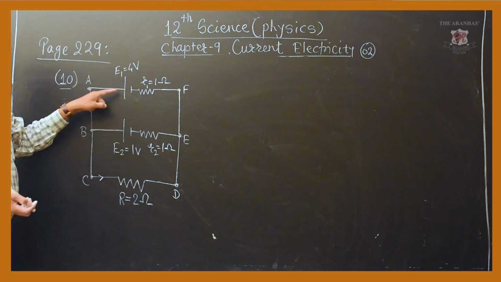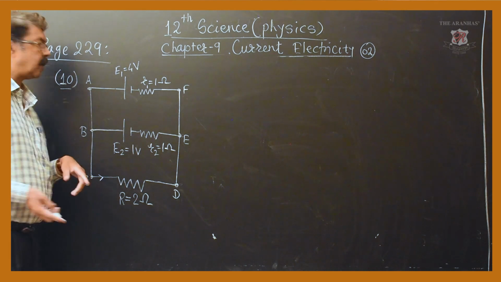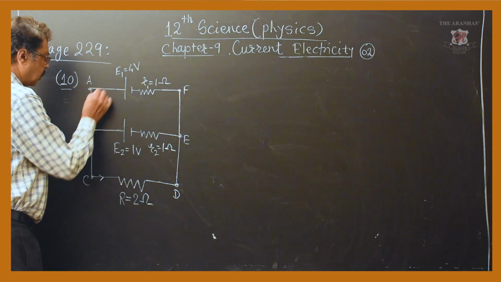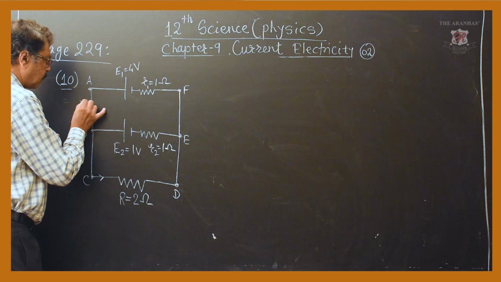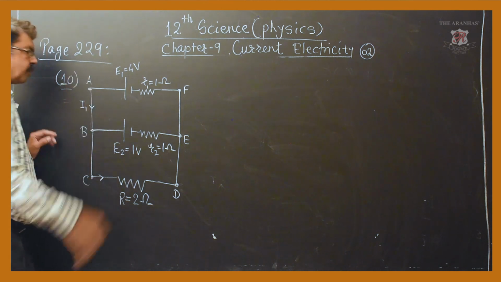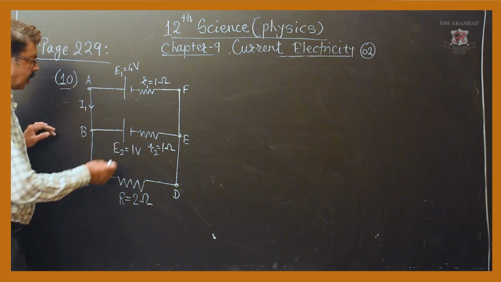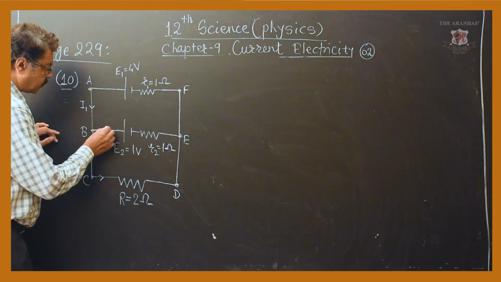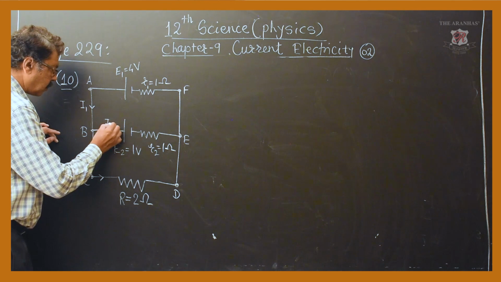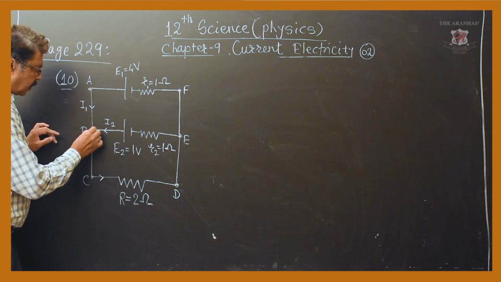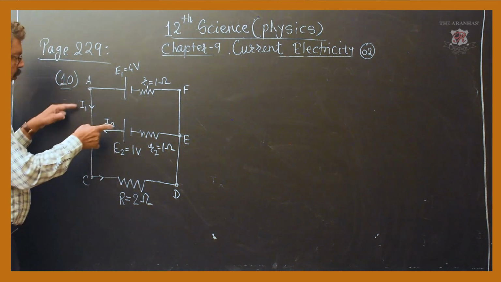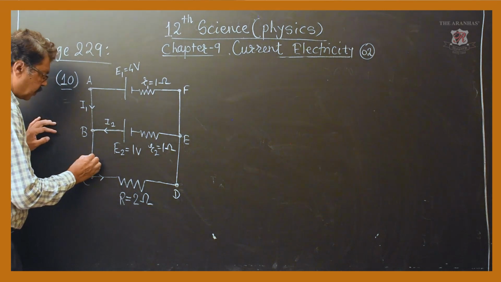Let us assume this cell is sending current I1. So I1 comes from here. Fine. This cell is sending current I2. At this point, observe the total current coming in.